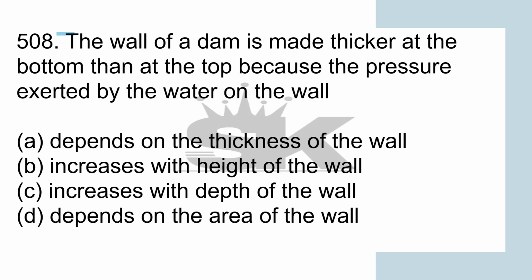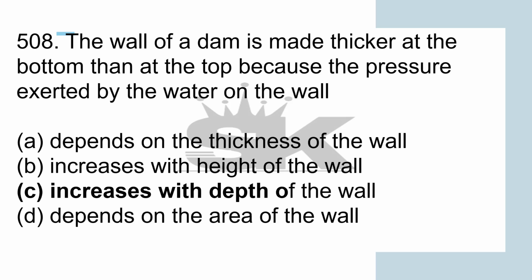The water pressure increases proportionally with depth, right, so the lower portion of the dam wall is thicker. As the depth increases, pressure increases, right? So here, pressure increases with depth of the wall. P equals rho g h is the formula here.